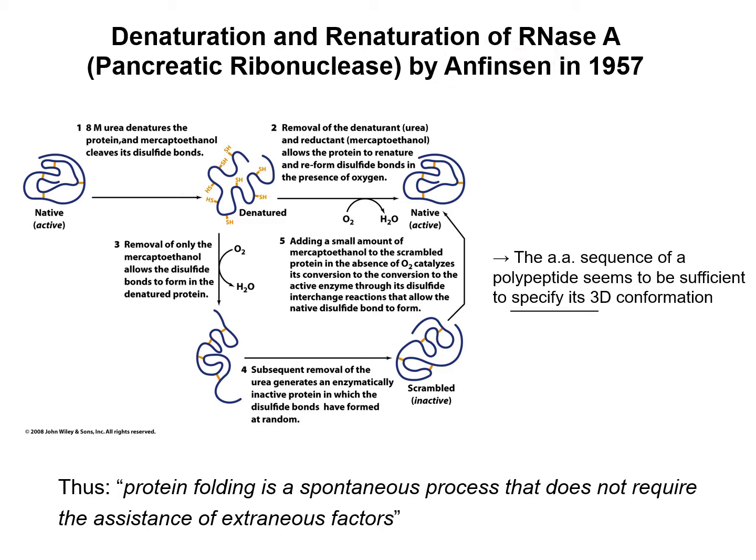What he did basically was start with RNase A in a native state, which is an active enzyme, and then he treated it with 8 molar urea as well as mercaptoethanol to break the disulfide bonds. So it's the denatured form here, and then he removed both the urea and the mercaptoethanol and observed that it can be recovered as the native form, which is an active enzyme. So this process is called denaturation and renaturation.